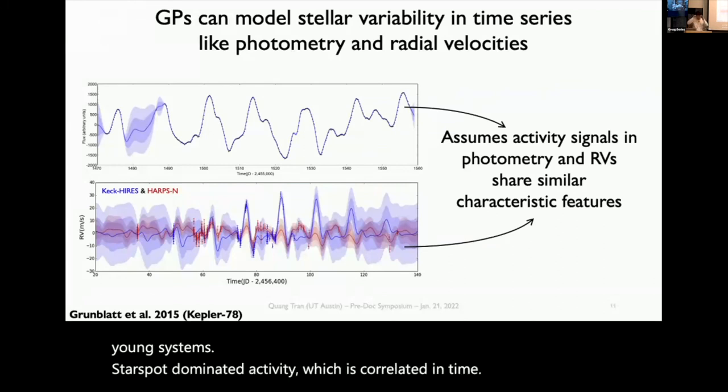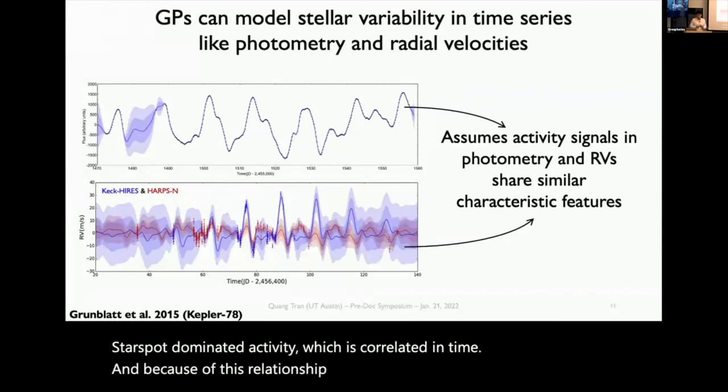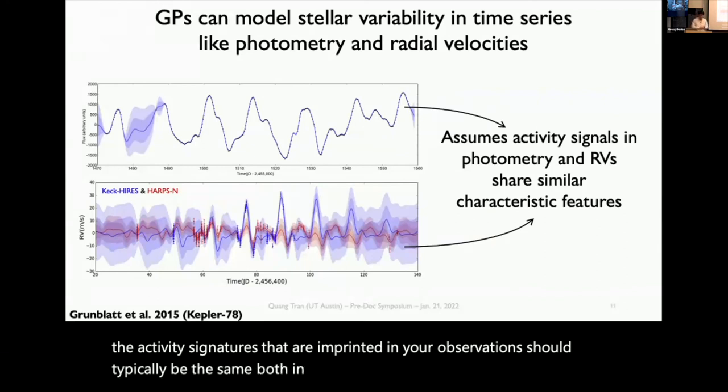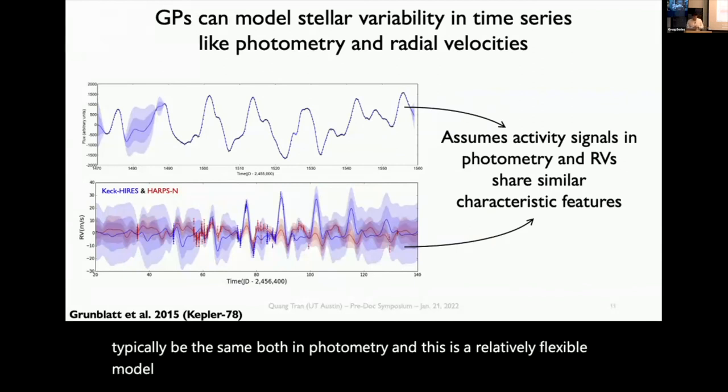Because of this relationship, people typically assume the activity signatures imprinted in your observations should be the same in both photometry and RVs. This is a relatively flexible model, and people have done it to great success.